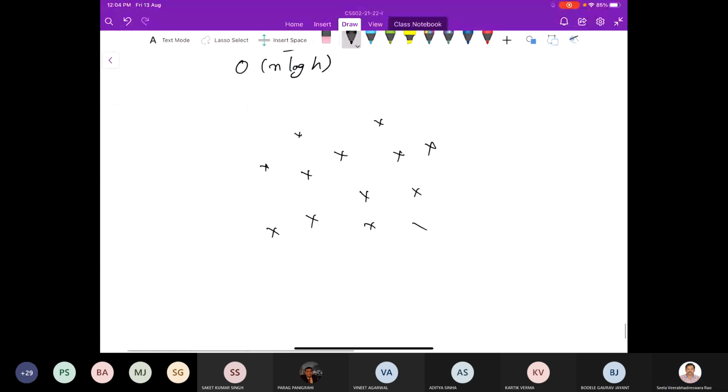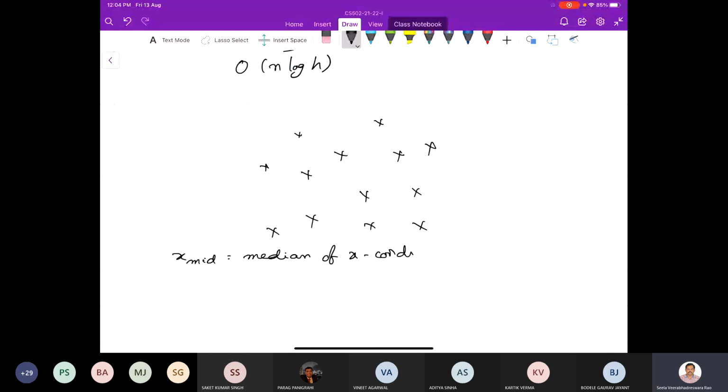We take their x coordinates and find the median of their x coordinates. Let's call it x mid. This is the median of the x coordinates.